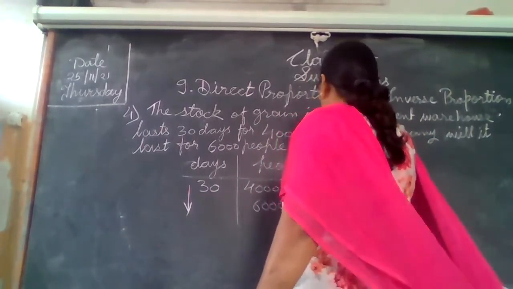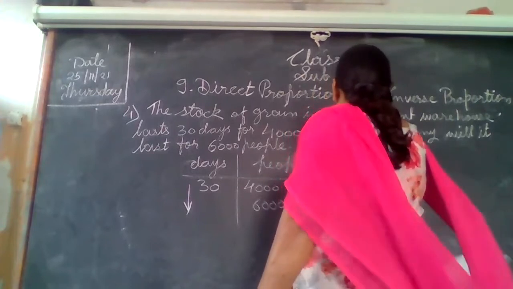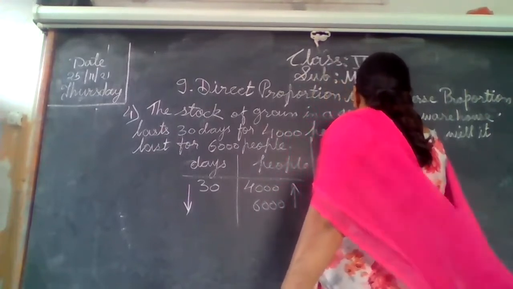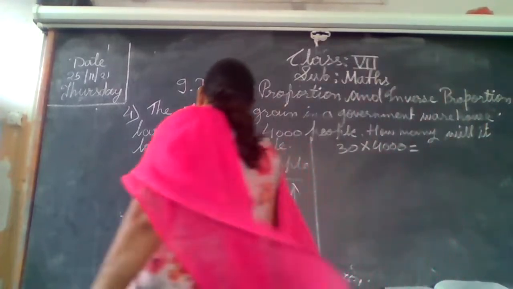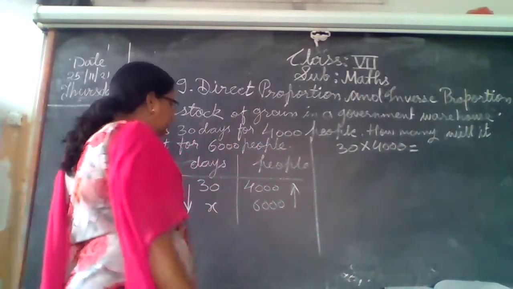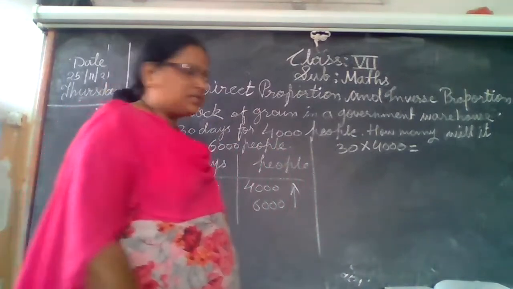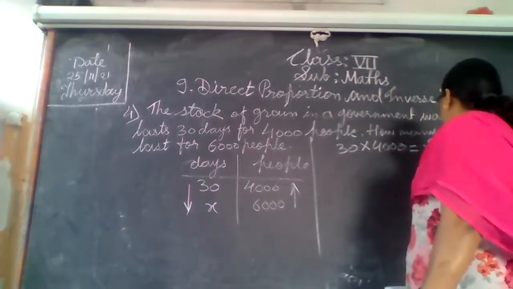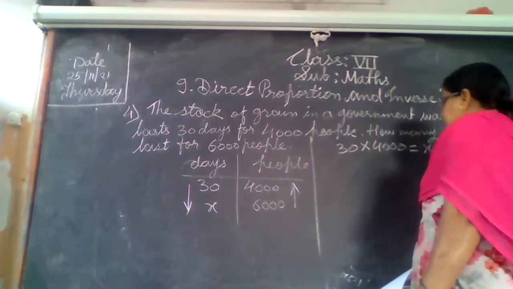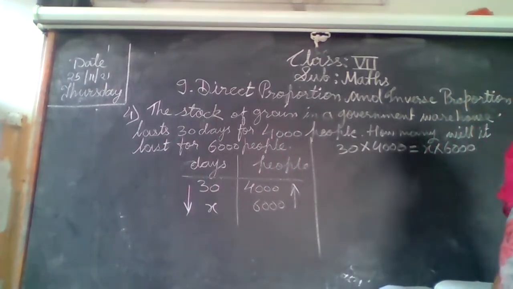30 multiplied by 4,000 equals X multiplied by 6,000, where X days are required for 6,000 people. See children, it is a simple linear equation.